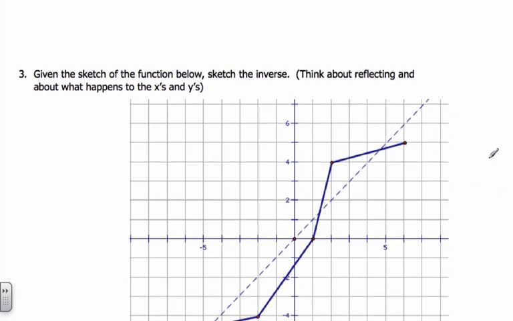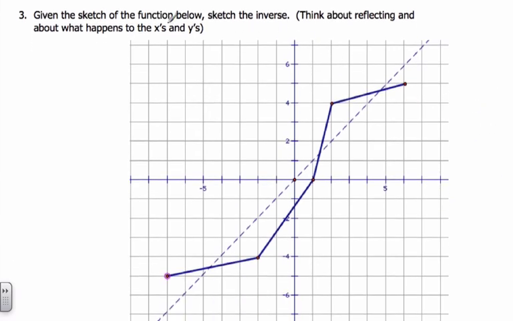And finally, our last example. Here's a function here. I want to make the inverse. Well, to do it, I'm going to switch all my coordinate points. I know this is 6, 5, so I'm going to go 5, 6. This is 2, 4, so I'm going to go 4, 2. This is 1, 0, switches.